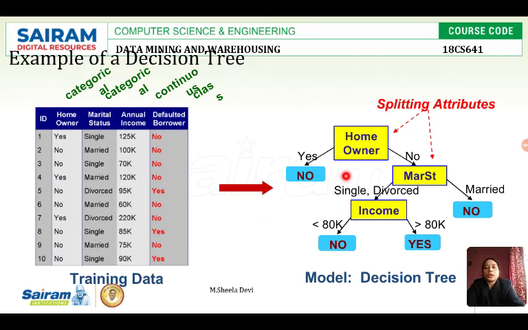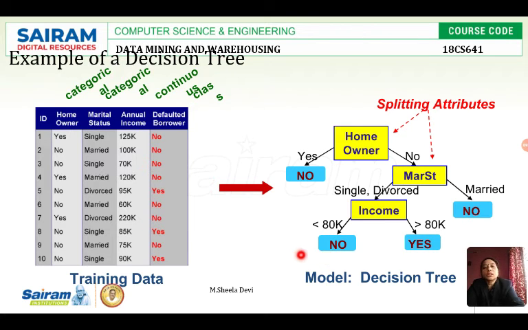Okay. So from the study, I came to the conclusion that whoever is the homeowner, they are not defaulted borrowers. And whoever is not the homeowner and whose marital status is married, they will not be defaulted borrowers. And if they are single or divorced and have more than 80,000 as the annual income, they will be defaulted borrowers, and if they have less than 80,000, then they will not be defaulted borrowers.